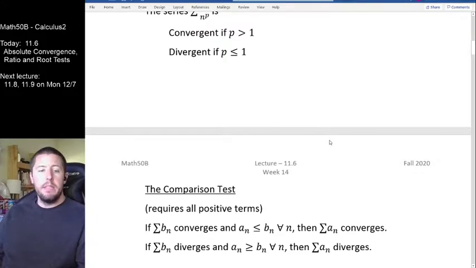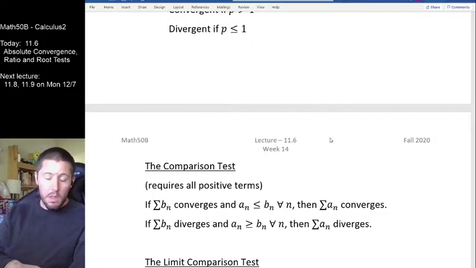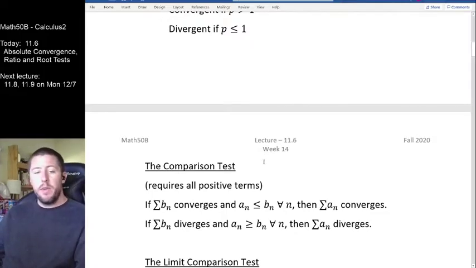After we saw the p-series, we saw the comparison test. This was what we looked at in our video yesterday. And very importantly, the comparison test has this requirement that all the terms in each of the series that we are comparing have to be positive for us to be able to apply the comparison test. The comparison test just says if we can find a series that converges and the terms in our series of interest are all less than the terms in the convergent series, then our series of interest will also converge.